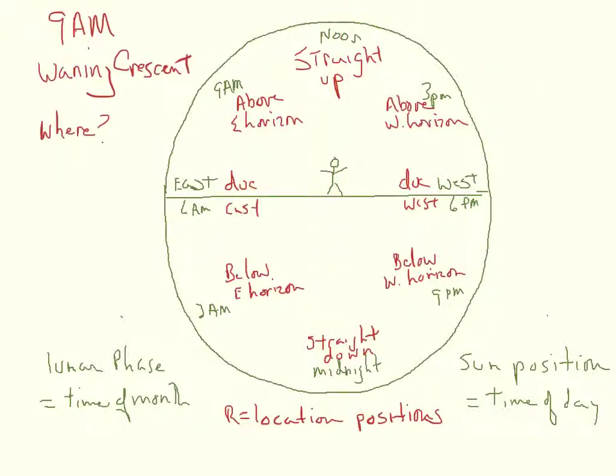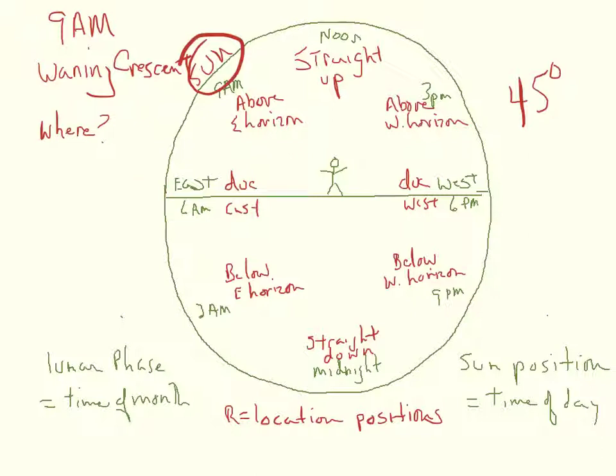All right, the next one. I am at 9 a.m. So the sun is at 9 a.m. The moon is a waning crescent, and I want to know where in the sky it is. Well, waning crescent, what does that mean? It means it's 45 degrees from the sun. So the moon can either be up here or up here.